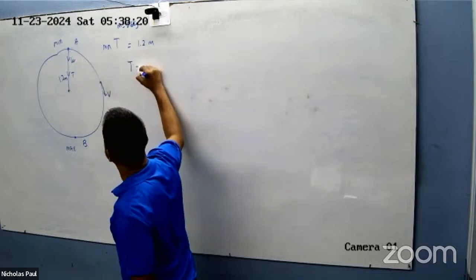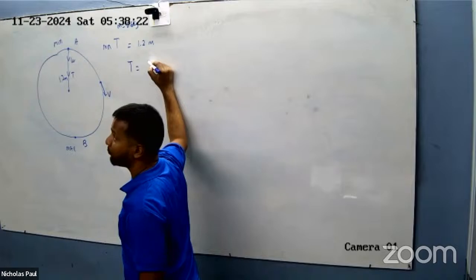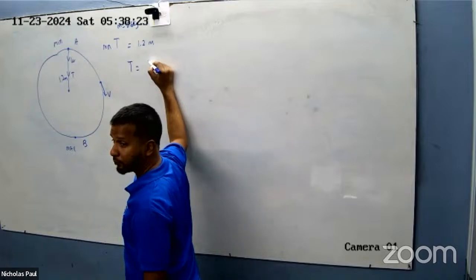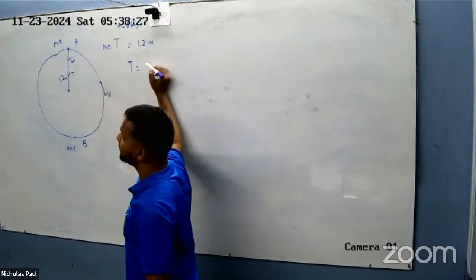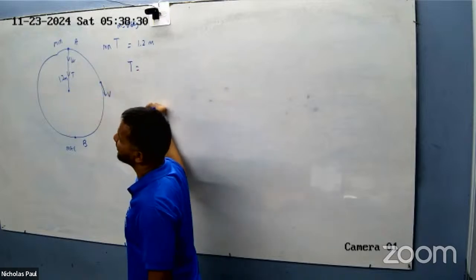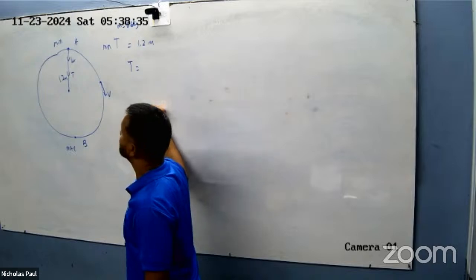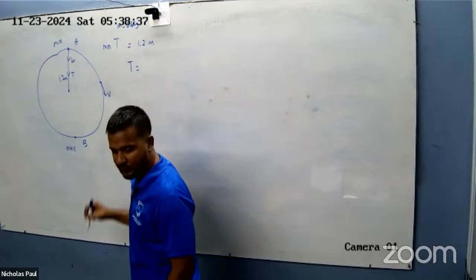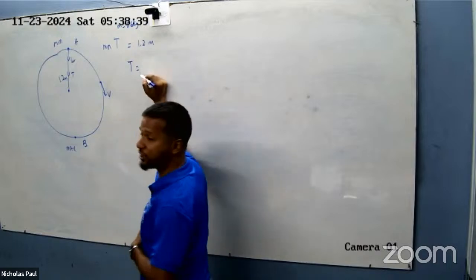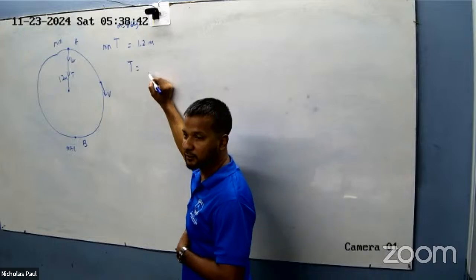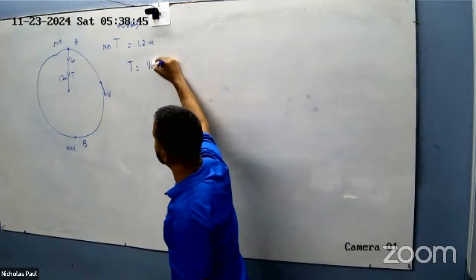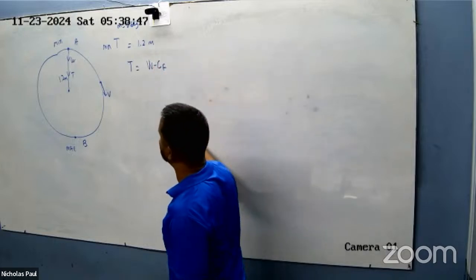Tension up there is what? Tension here is weight minus centripetal force.